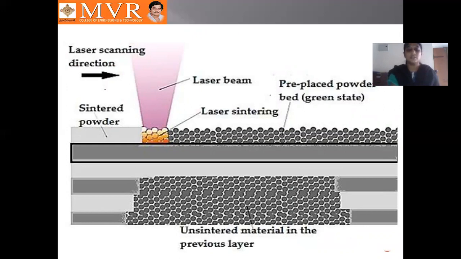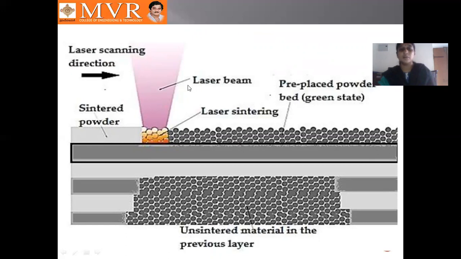This is the bed material, and this is the base material. From the base material, we put the powdered material, and it is injected into the bed. The laser scanning direction is indicated over the projected areas.